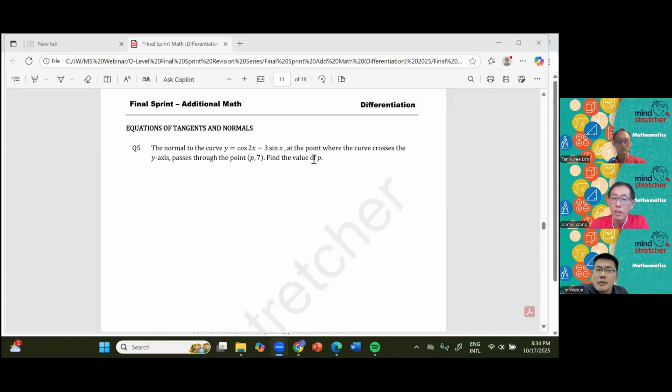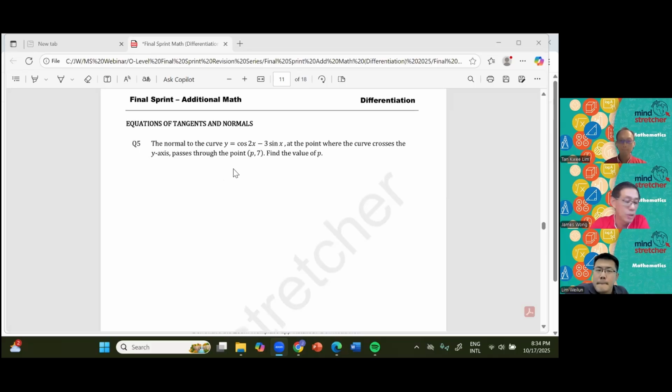They just ask you to find the value of p. But by providing various hints and clues in this question, we need to make use of the application of differentiation to equations of tangent and normal to help us solve it.